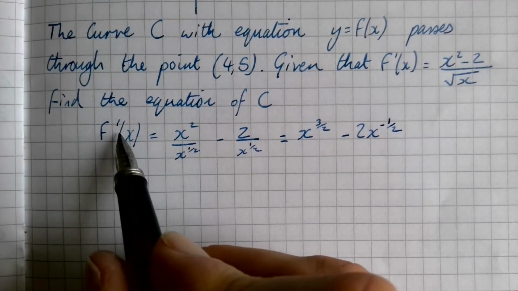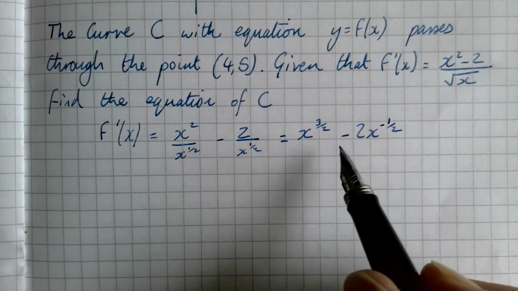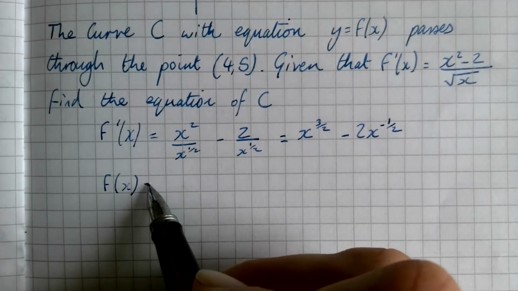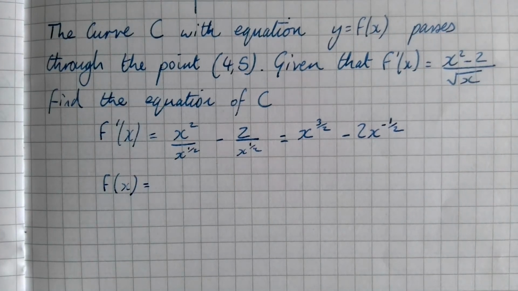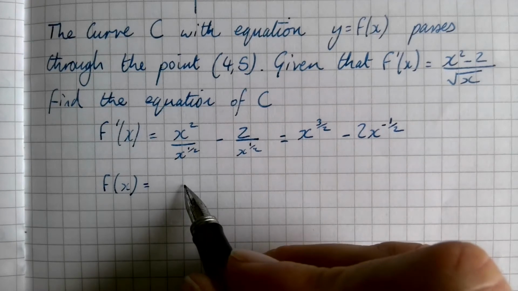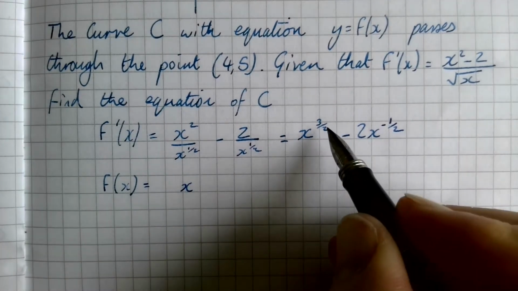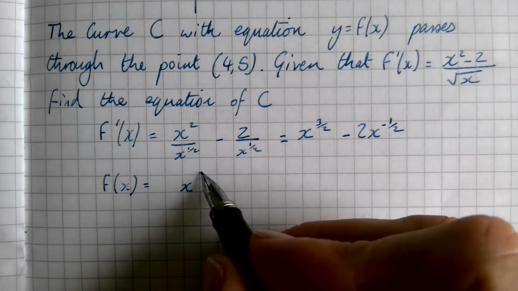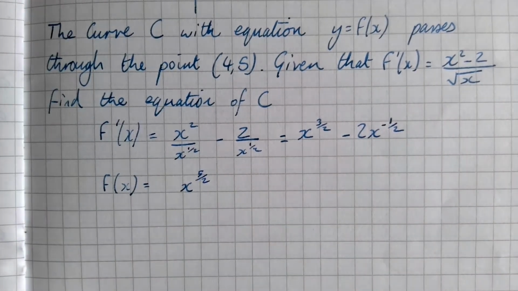So if the differentiated part looks like that, the original function of x is going to be this integrated. So first of all, we want to add 1 to 3 over 2. Well, 2 halves are 1, so if we add 2 onto the 3, that gives us 5 over 2.